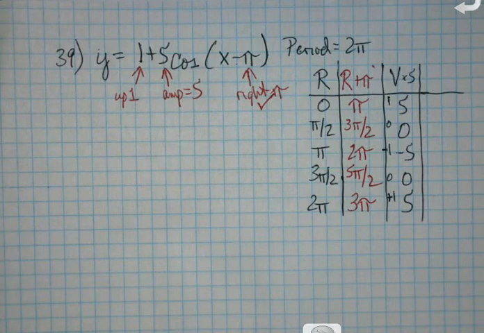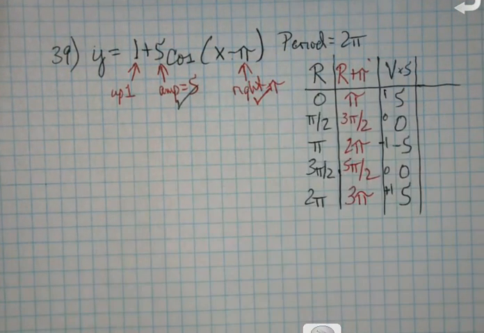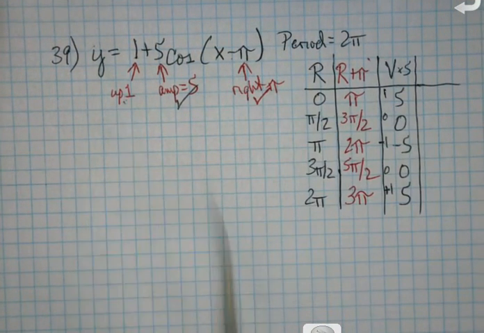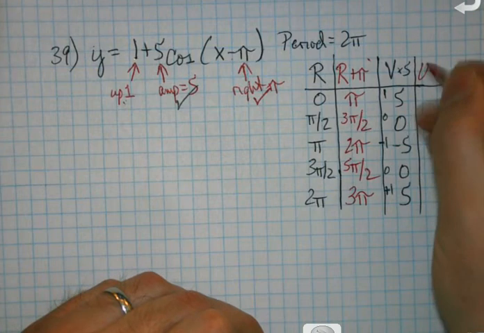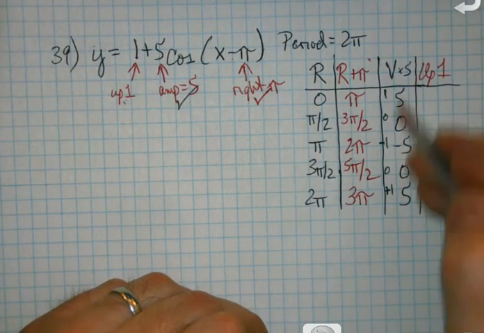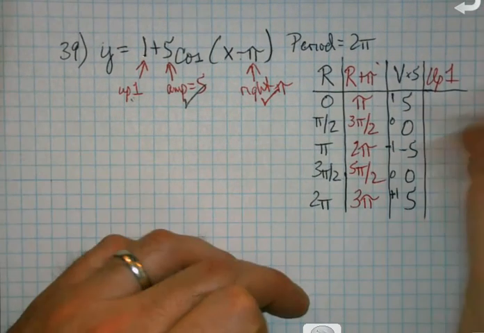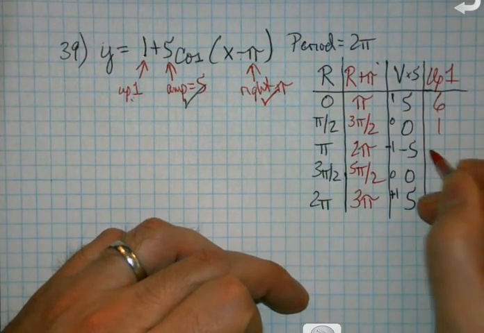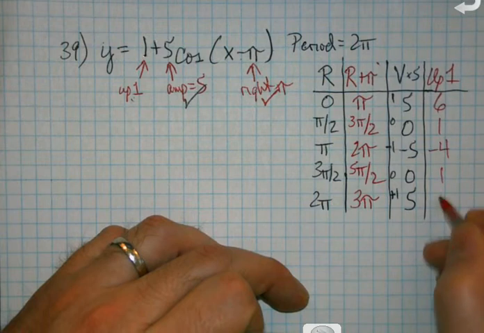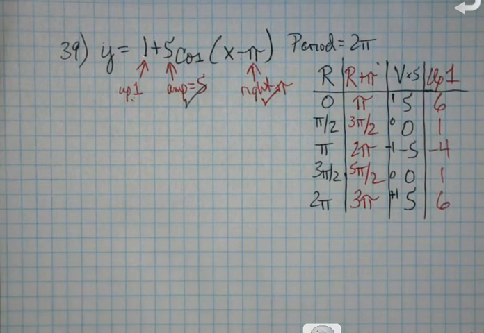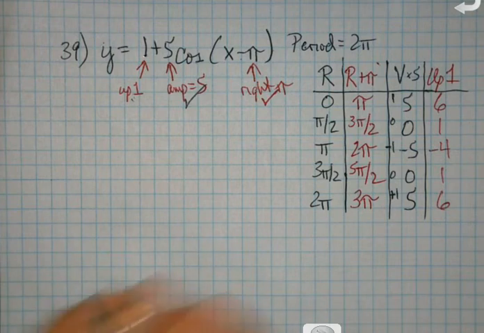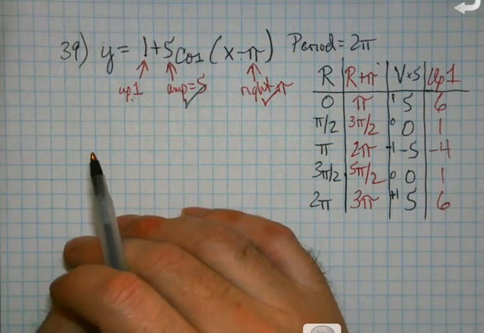But I still have to shift them all up 1. Now, could I have done that here in one big swoop? Probably. But I want you to see the thought process that goes through. So take all those, and I'm going up 1 with each of them. So what you see in red is what we're actually going to end up plotting.